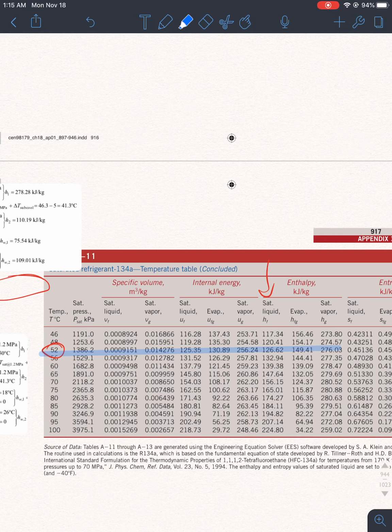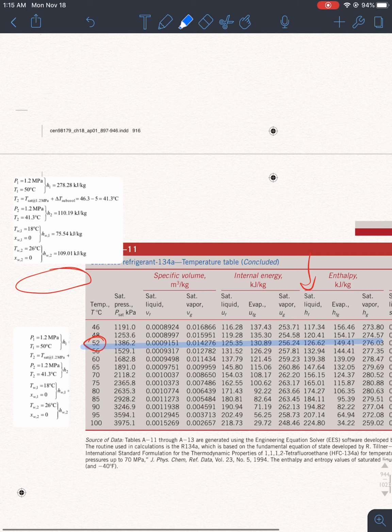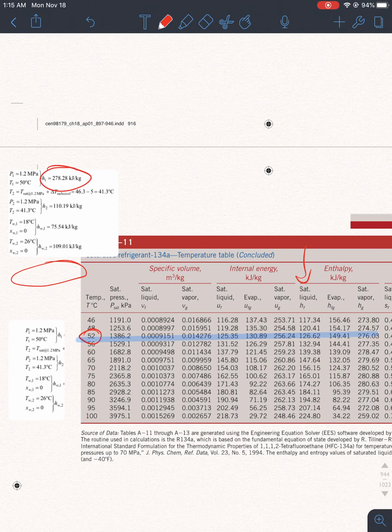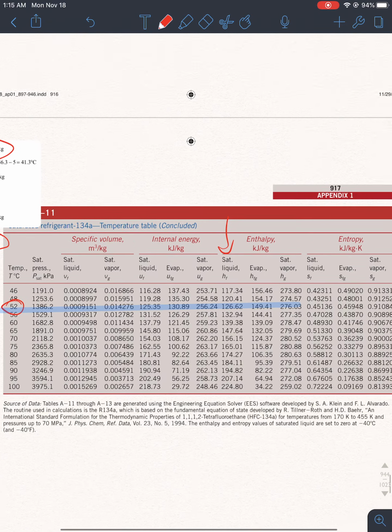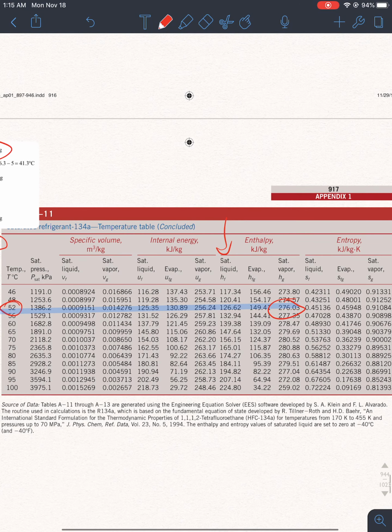It's a saturated vapor. Oh my gosh. So we're looking for something around 278.28. We're at 50 degrees. It should be 278.28.